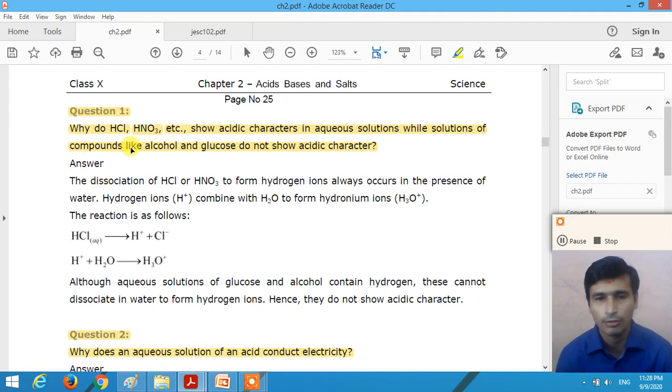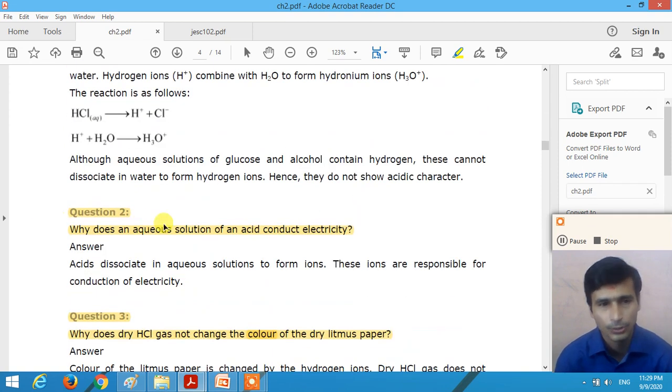So alcohol and glucose do not show the acidic character, right? While HCl and HNO3 produce the hydronium ion in water solution, so they show the acidic character, right? Understand?